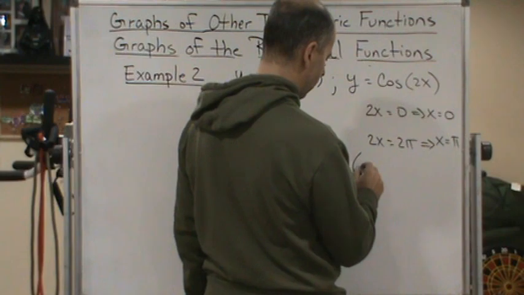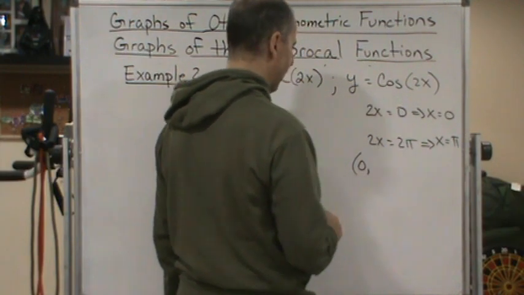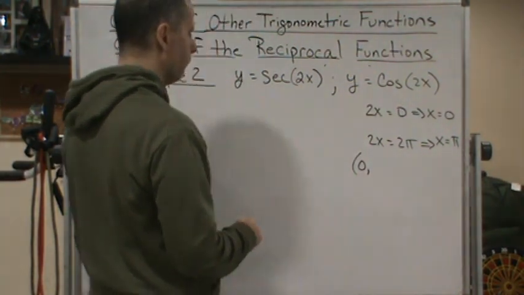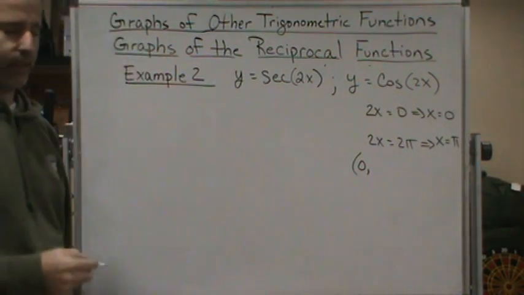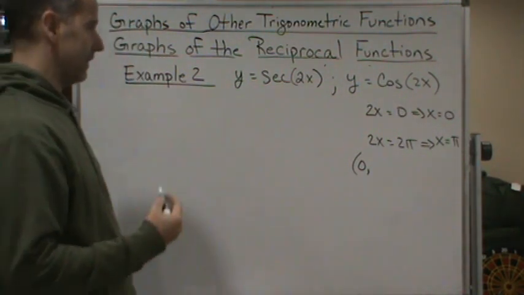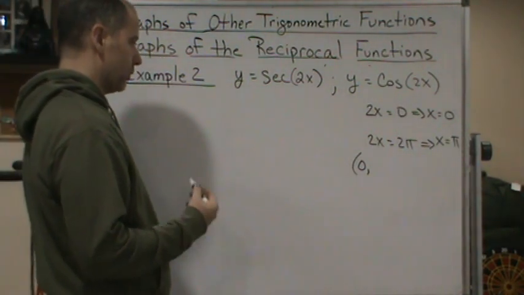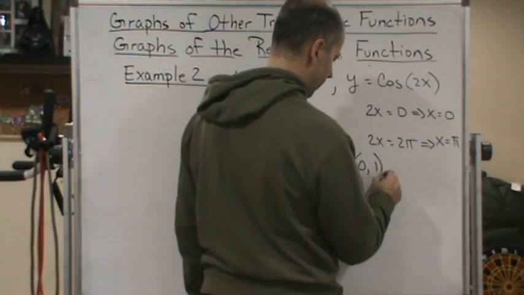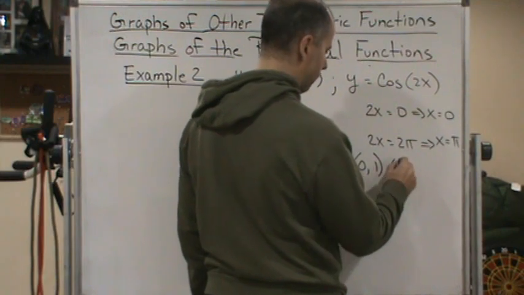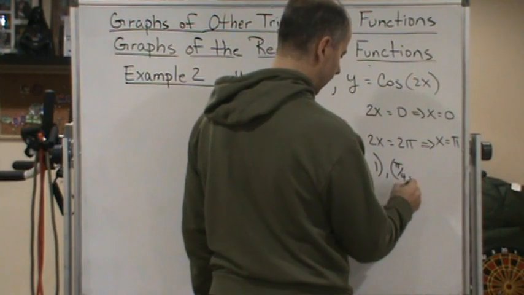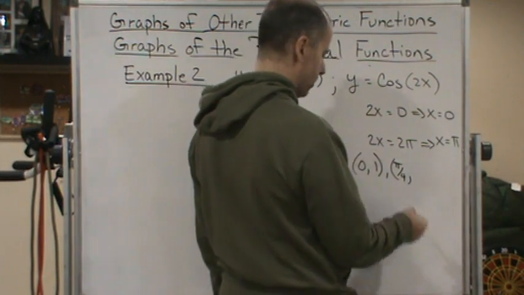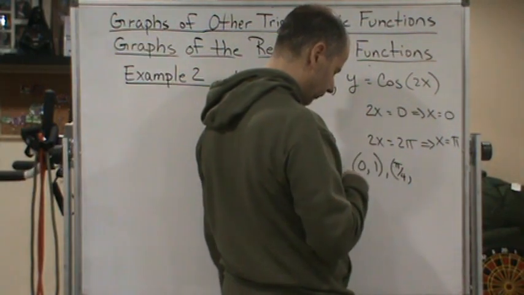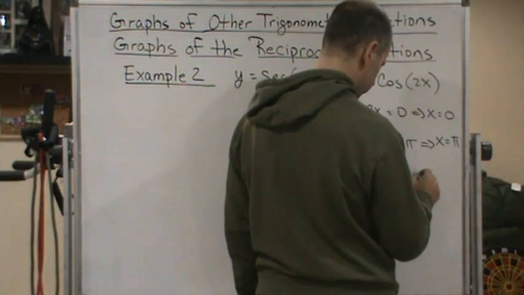obviously starting with 0, it's going to be 0. And now in this case here, cosine starts at the maximum value, which is going to be 1. So it's going to start out 0, 1. Then the next point is going to occur at pi over 4. Okay? And that's when it goes down to 0.